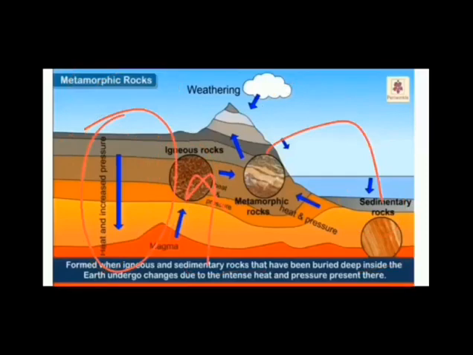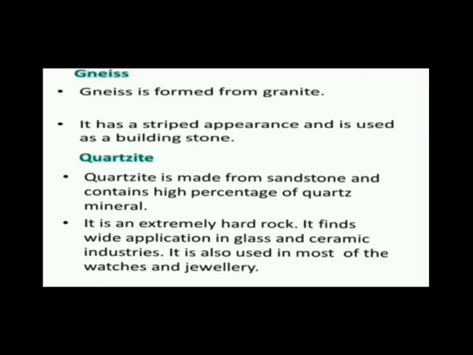So the first metamorphic rock is gneiss. Gneiss is formed from granite. So gneiss is a metamorphic rock which is formed from the igneous rock called granite. If the temperature and pressure of granite is increased, this granite converts into gneiss, which is a metamorphic rock.